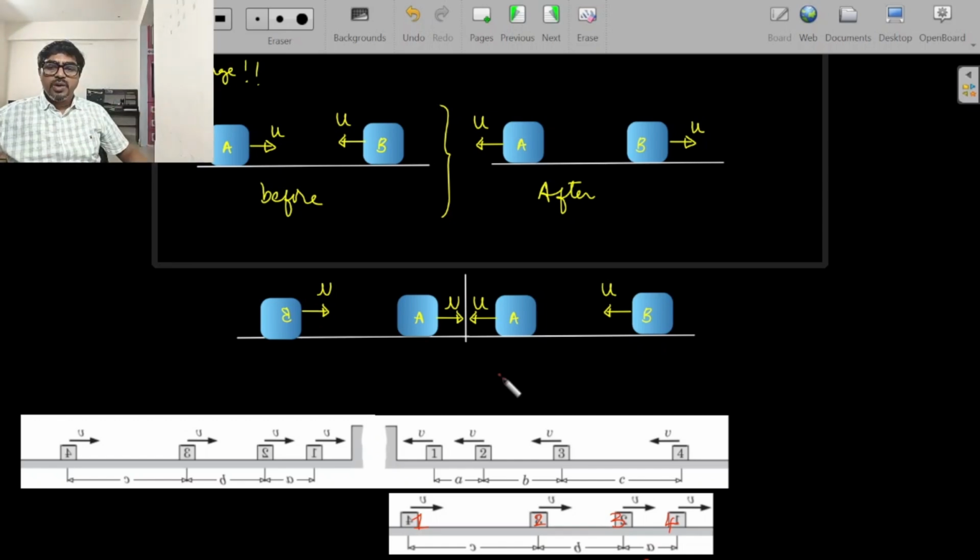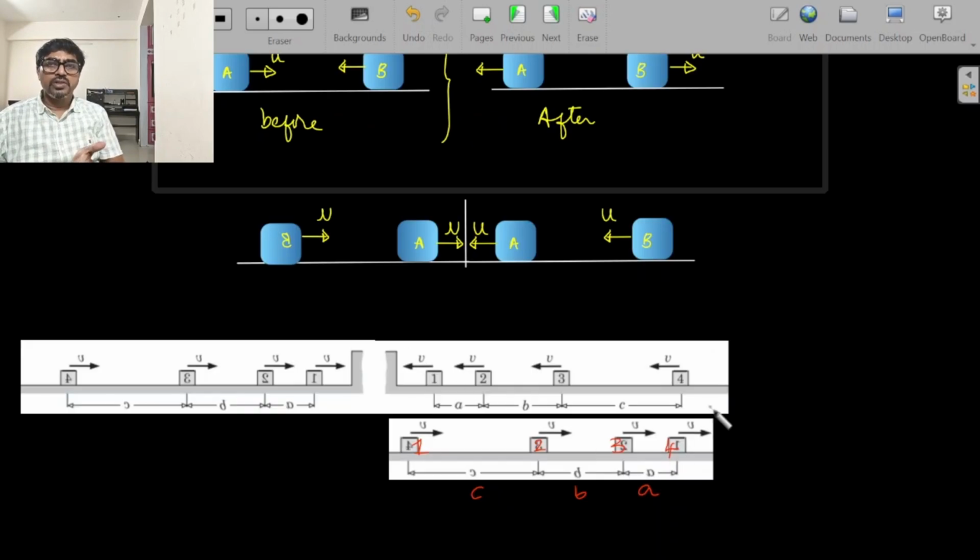As block B approaches, B comes and then they pass through each other. So totally A and B can be assumed to be going into the wall, and their images will come out as the blocks. It's like a train going and then turning back. Otherwise, incident pulses are going in and the reflected pulses are coming out. The same idea will extend to whatever question they had given.